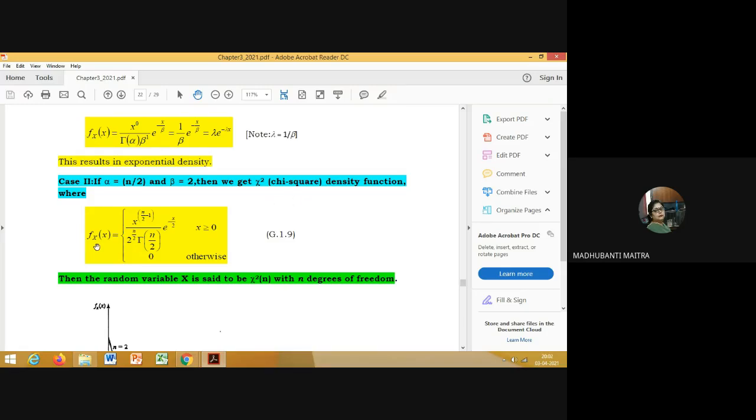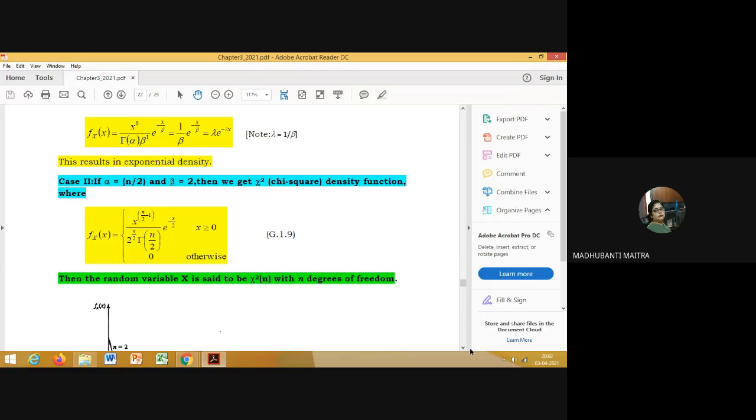The density function will be given as f of x, which is equal to x to the power n by 2 minus 1 divided by 2 to the power n by 2 into gamma of n by 2, as alpha is equal to n by 2, times e to the power minus x by 2, for all values of x greater than or equal to 0, and the density function will be 0 otherwise.